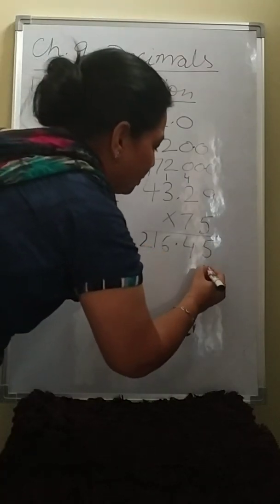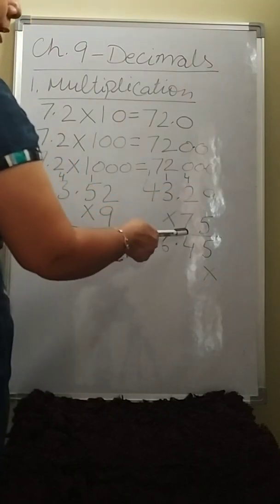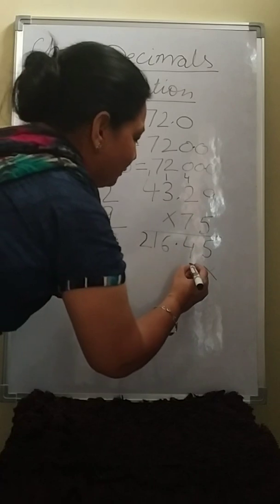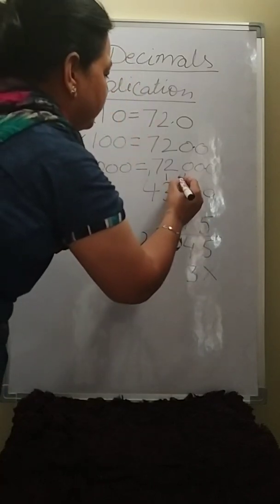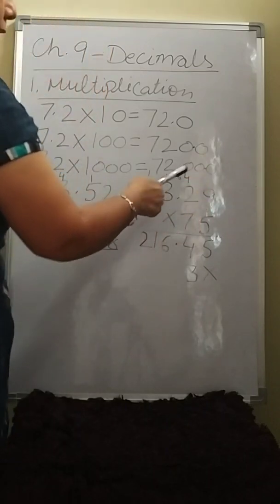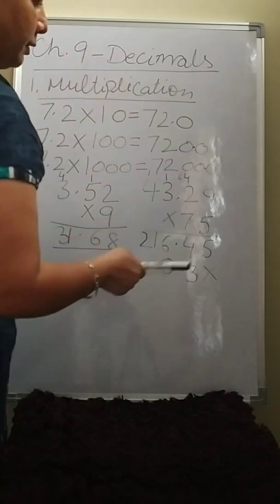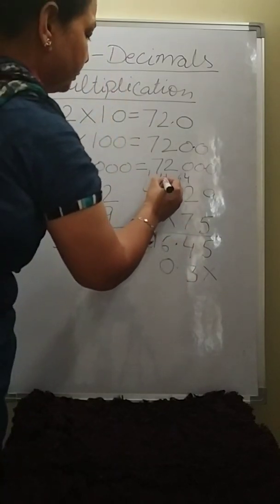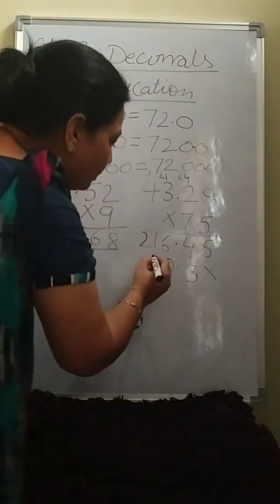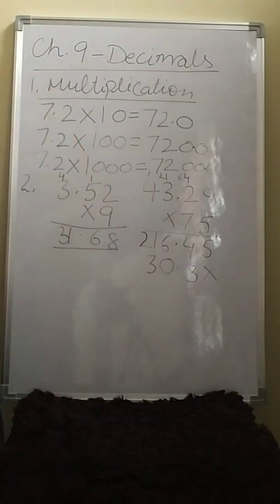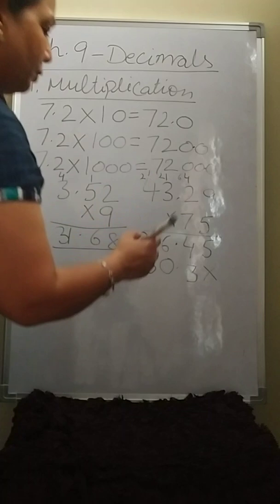In the next line we will put a cross first. Now we will multiply all these digits by 7. 7 9s are 63, 3 here, 6 here. 7 2s are 14 and 6 is 20, 2 here. 7 3s are 21 and 2 is 23, 3 here and 2 here. 7 4s are 28 and 2 is 30.